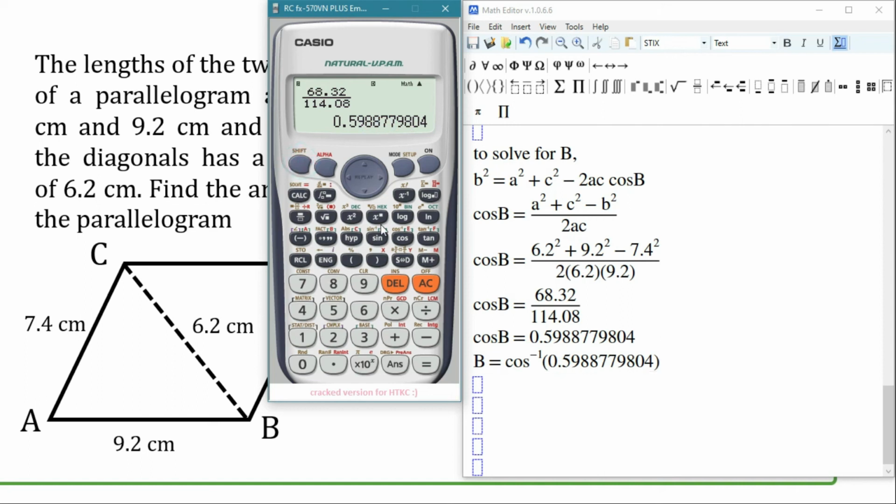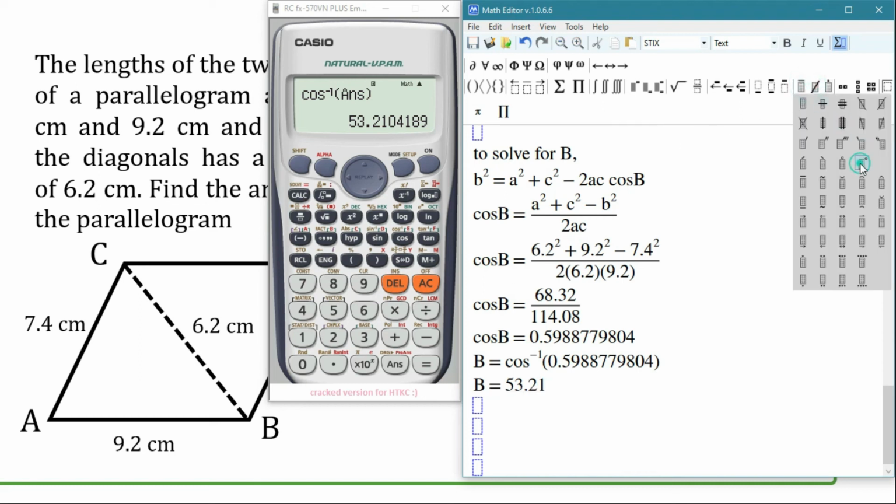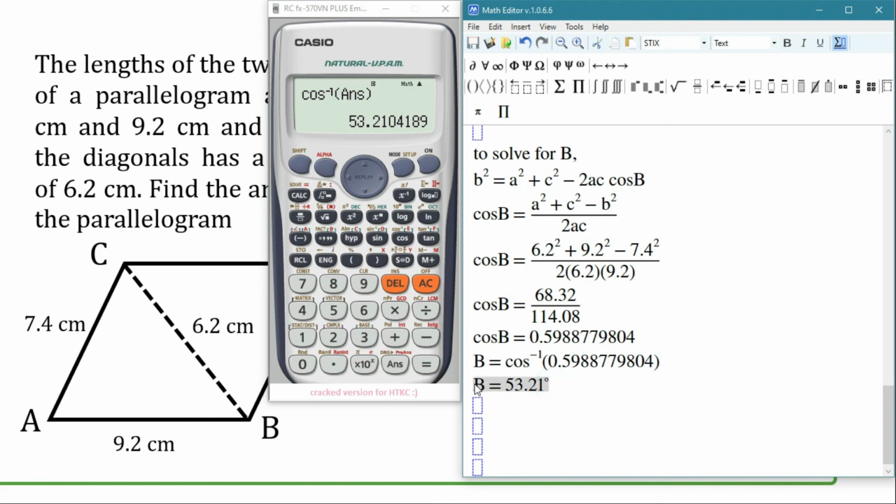So, press lang natin si shift, cosine, of the answer kanina. Okay, so that would be 53.21 degrees. So meaning to say, angle B measures 53.21 degrees. Okay, so this will be the measure of angle B.